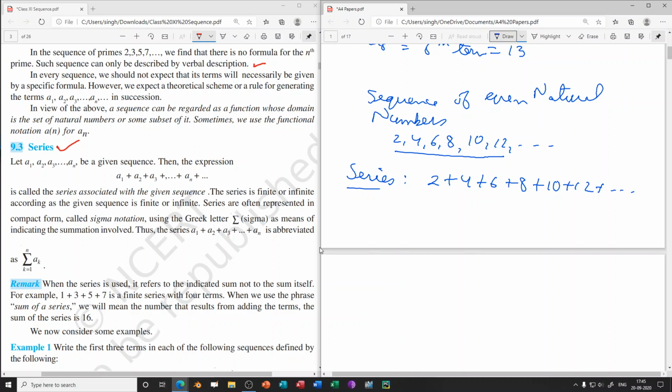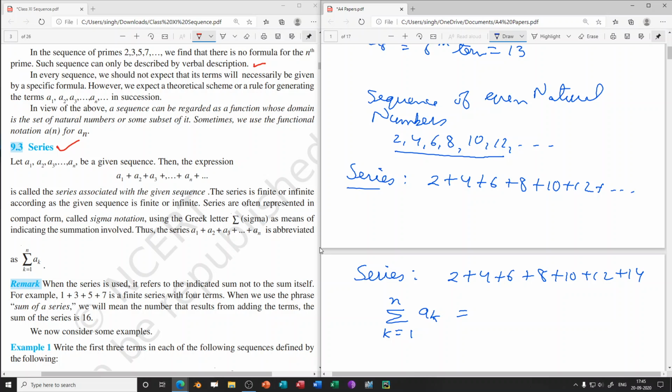Suppose we have a series 2 plus 4 plus 6 plus 8 plus 10 plus 12 plus 14. So how many numbers are there? 1, 2, 3, 4, 5, 6, 7. So we can write this in compact form as summation k equal to 1 to n of ak equal to.